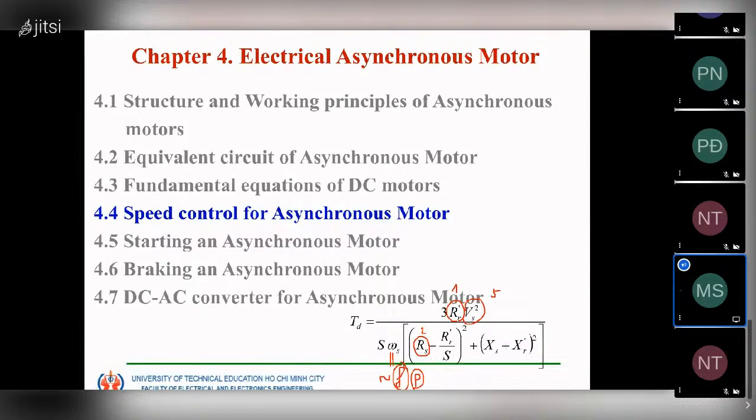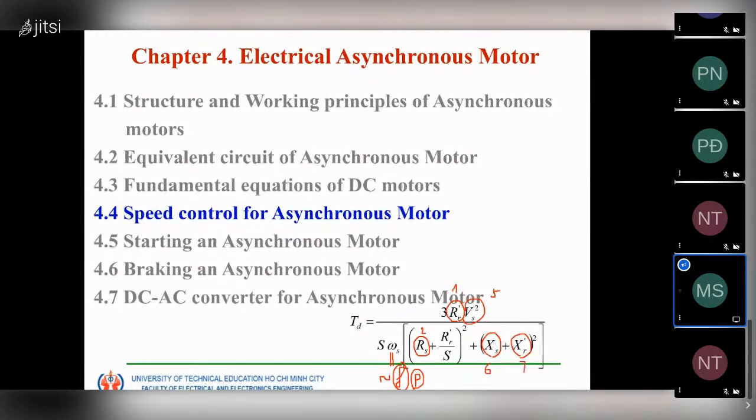Very easy. Anything else? You can change the stator reactance. Number 6. And finally, you can change the rotor reactance.